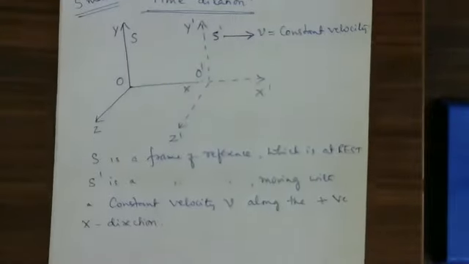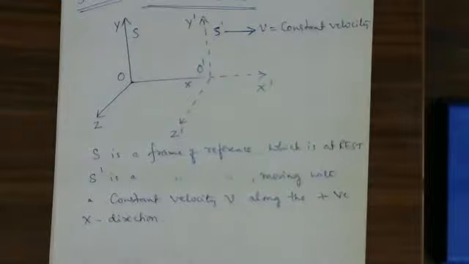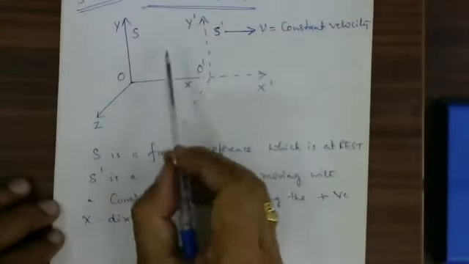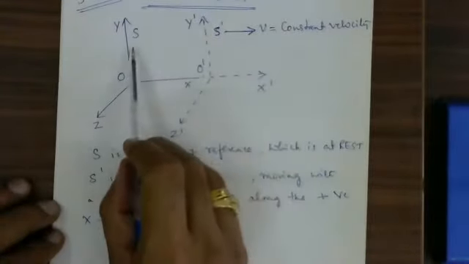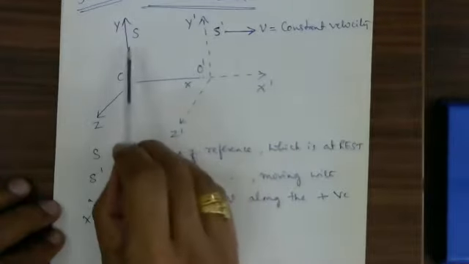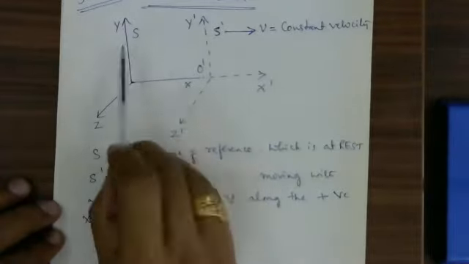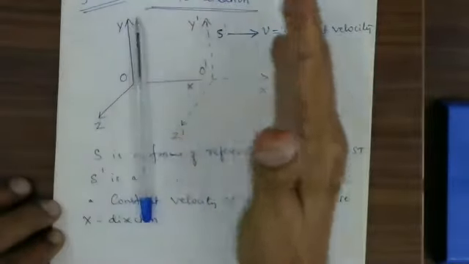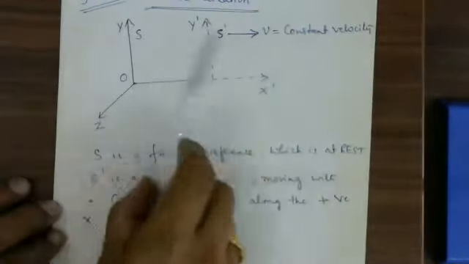Hoping that you can see clearly and understand, I have chosen 2 frames of reference. S is a frame of reference which is not moving at all. With respect to S, S dash is another frame which keeps moving along the common x-axis.